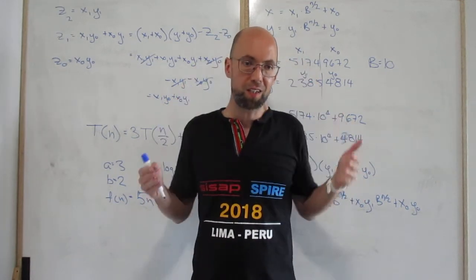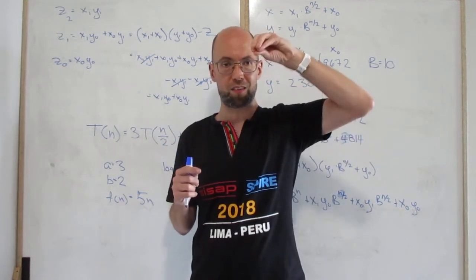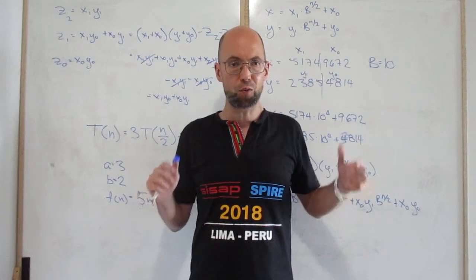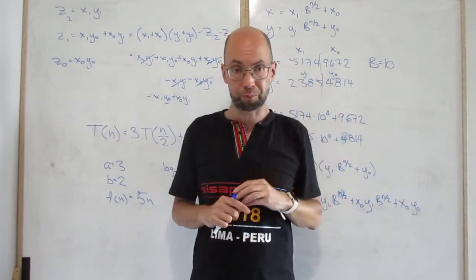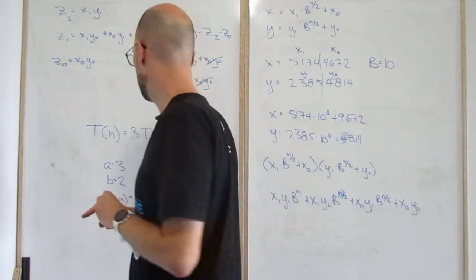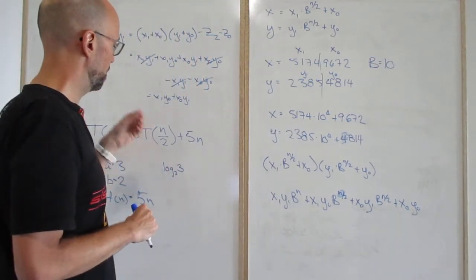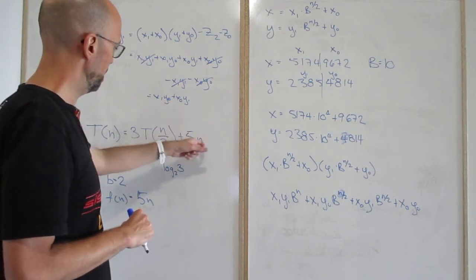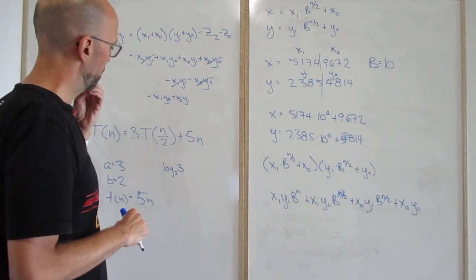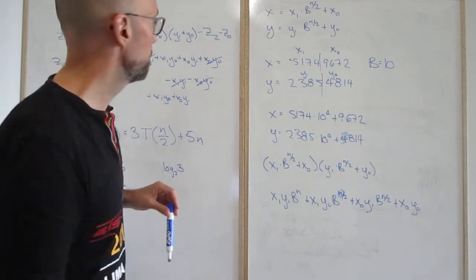So the 3 cases in the easy version of the master theorem are either the weight is at the root, the weight is at the leaves, or each level is equally weighted. So in this case, this is bigger than this, so it's going to be at the leaves, I guess.